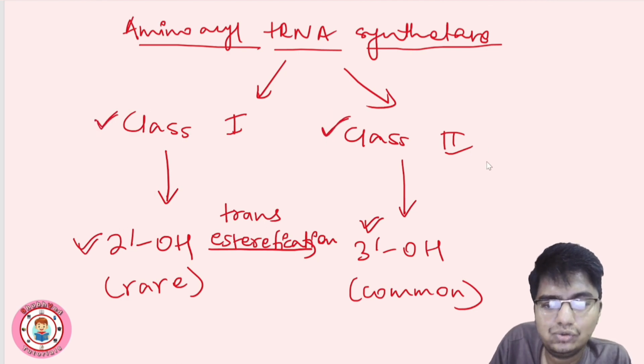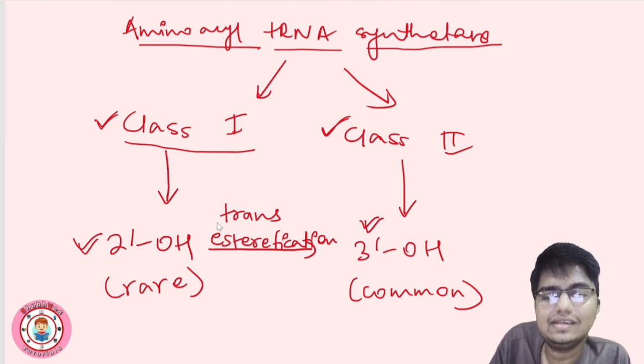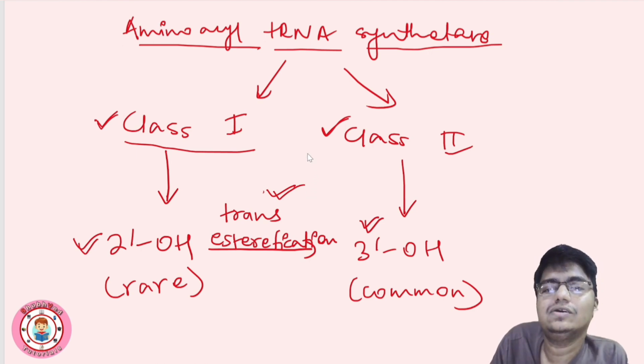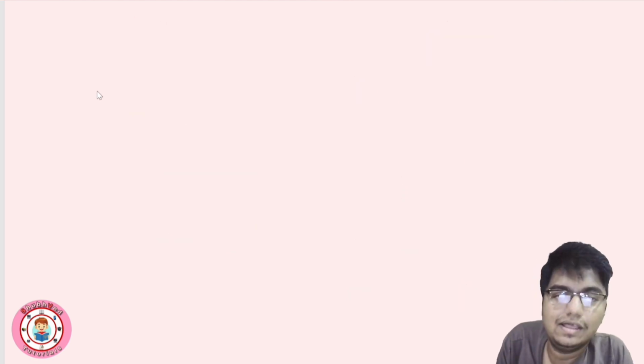Class 2 attaches the amino acid on 3 prime OH, whereas class 1 attaches on 2 prime OH. And the 2 prime OH amino acid can shift to the 3 prime OH by the transesterification reaction. Got it? So this is about the tRNA charging process. Some more important things.